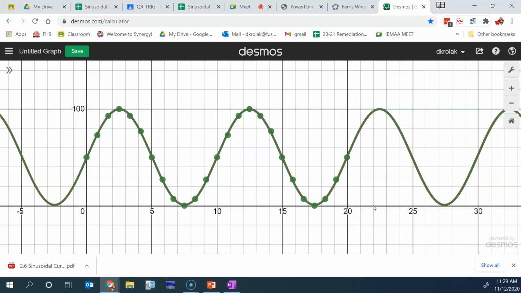Okay, where's 22? 22, x-axis. Yep, going right there. Now go straight up. Where did it touch the grid? Oh, you had it.